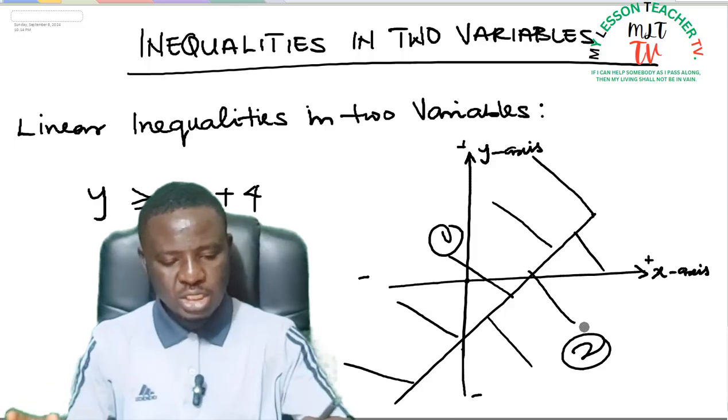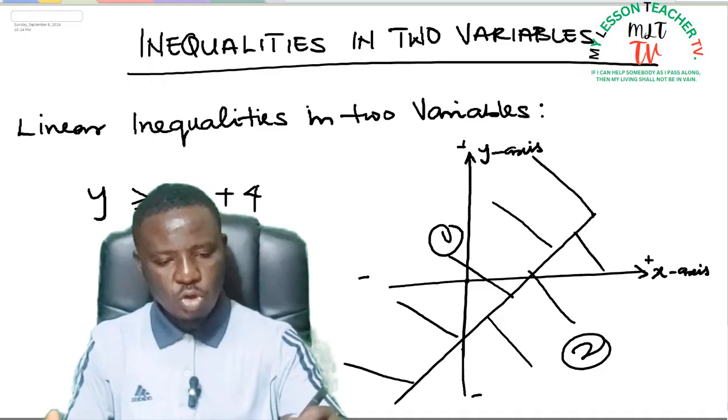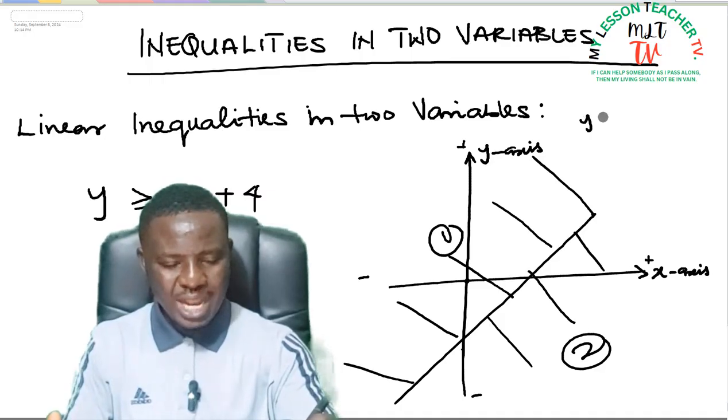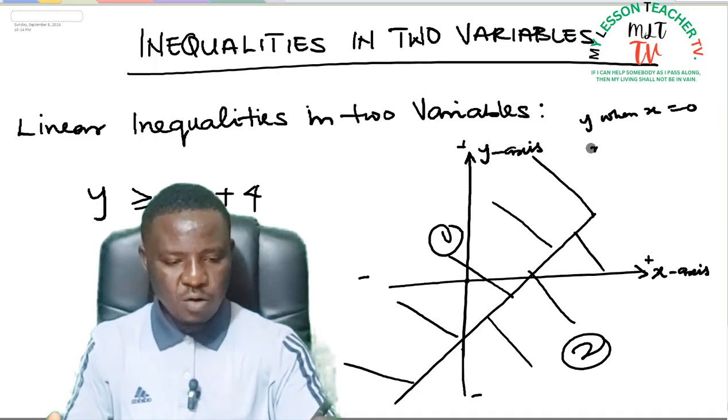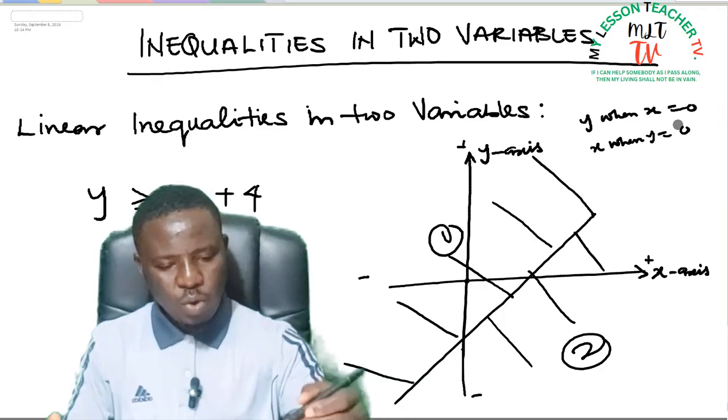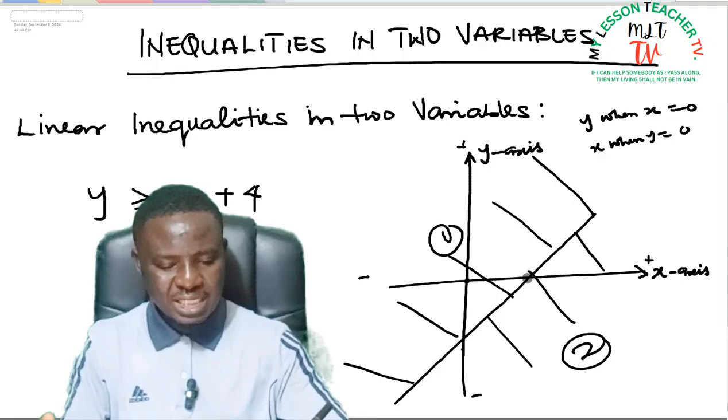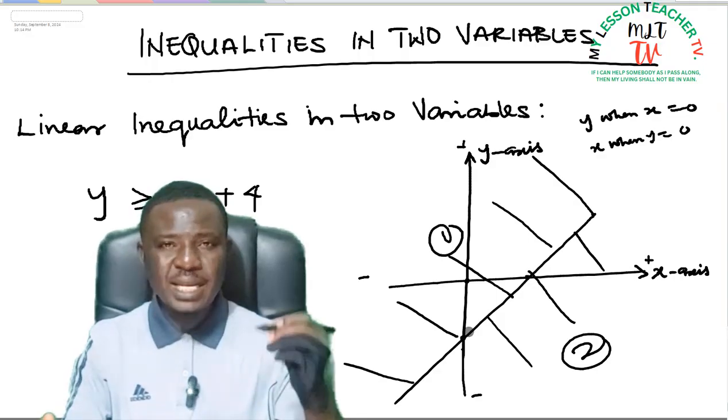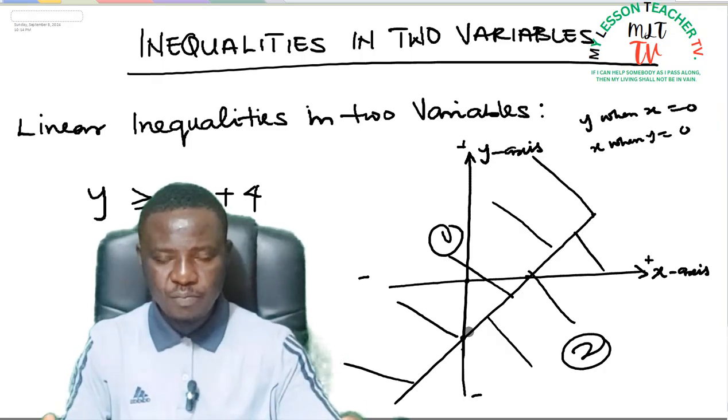Now, when you're able to sketch the graph, first and foremost, you find the value of y when x is equal to 0, and find the value of x when y is equal to 0. When you do this, it gives you the x and y intercepts, which enables you to sketch your graph.